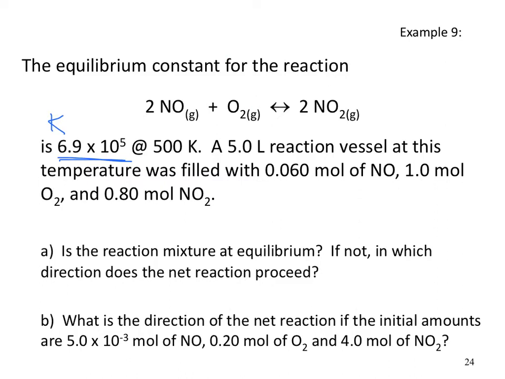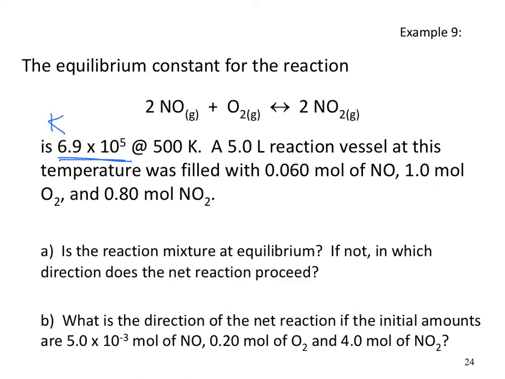Realize two things. The first thing is you can predict the direction, what we discussed earlier. You can say whether you'll have more products or more reactants. You can tell that on the basis of the value of equilibrium constant, right? But there's another way that you can do that, and that is using the value of reaction quotient.